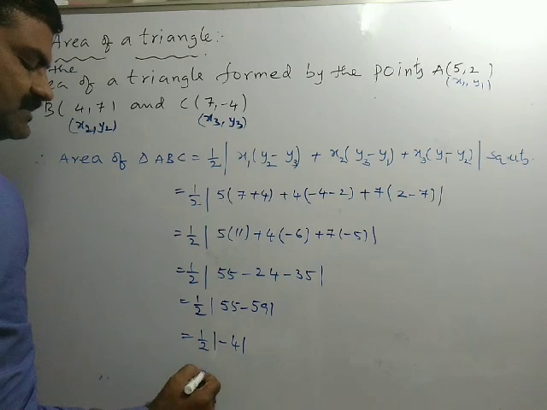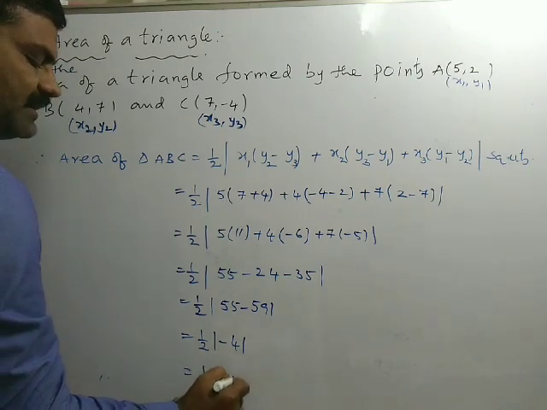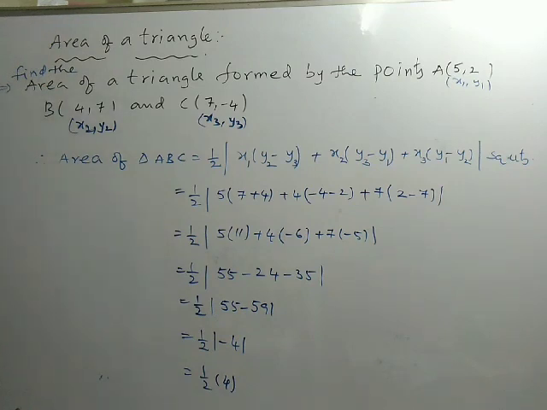Okay, so that equals half the modulus of minus 4, and we write it as the absolute value, which is 4. We cannot take minus 4 here, since area cannot be negative. Because of that, for the modulus of minus 4 we consider its absolute value, which is 4.